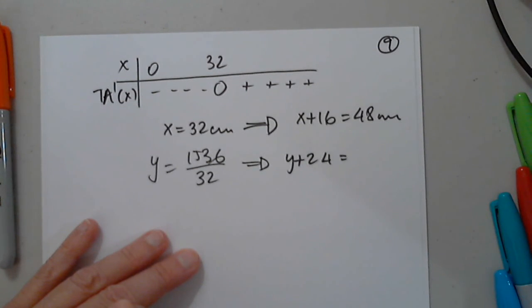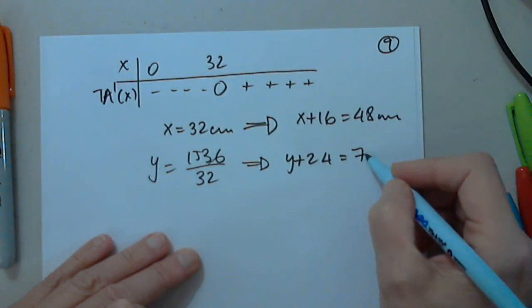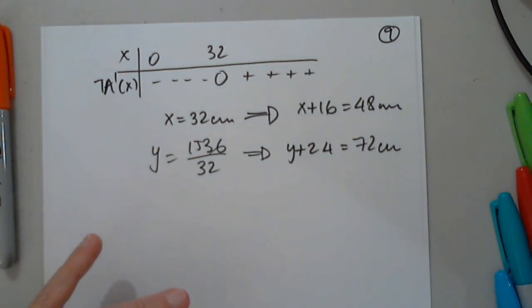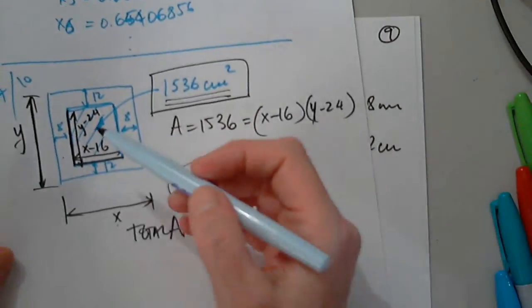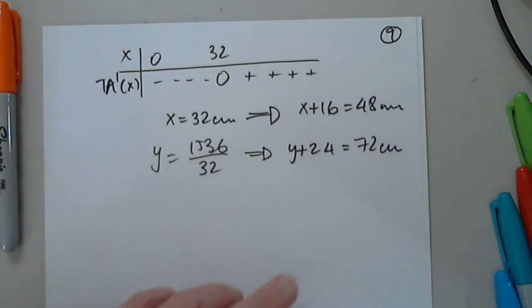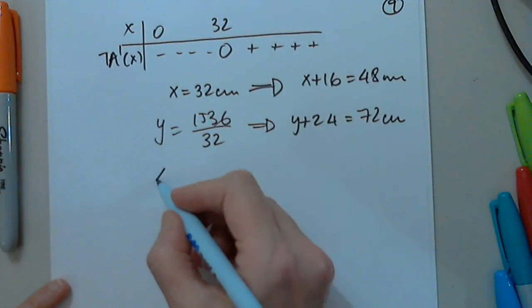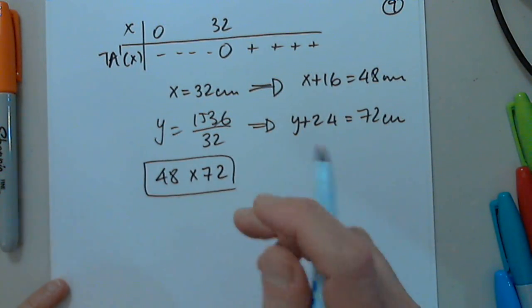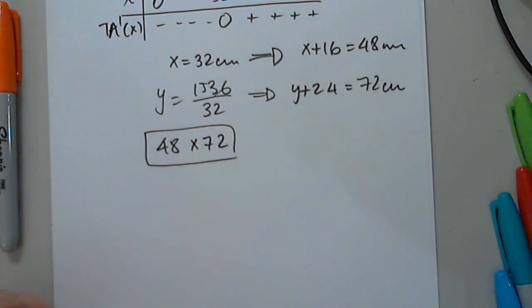And I have to add 24, and I get 72. So this poster, in order to have the minimum area with the given restriction that the inside has to be 1536 centimeters squared, has to have these dimensions: 48 base times 72 height. Very good problem.